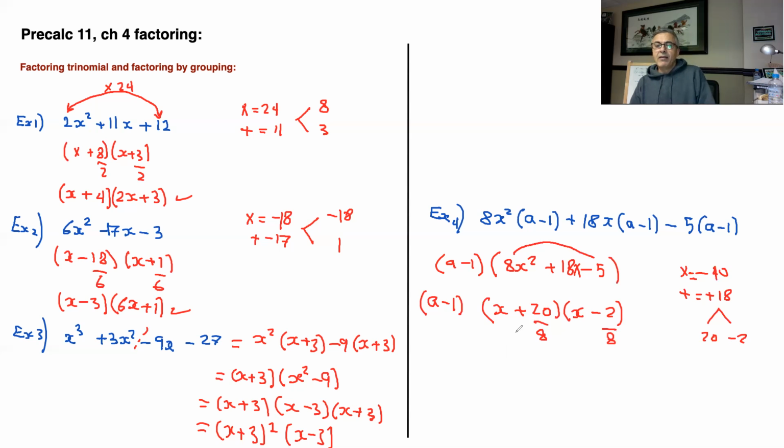Here it doesn't divide evenly, so what you do, you reduce. 4 goes into 8 twice. 4 goes into 20 5 times. And here, 2 goes into itself once and goes into 8 4 times.